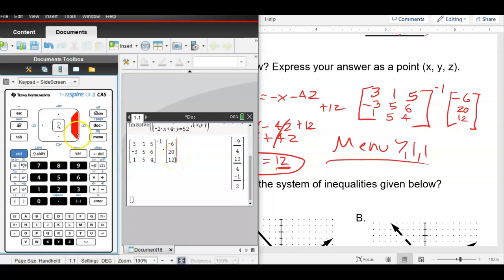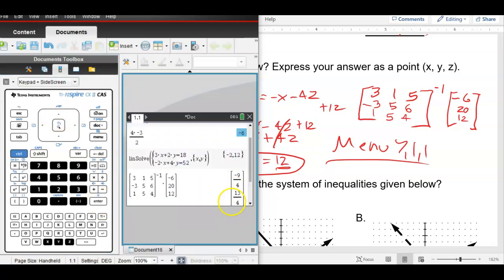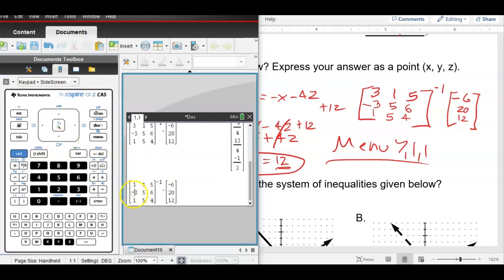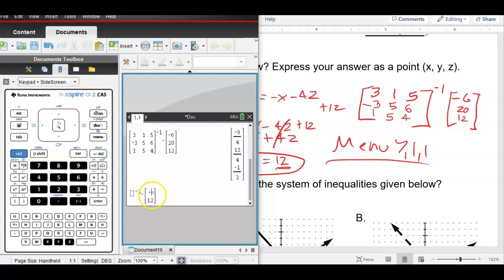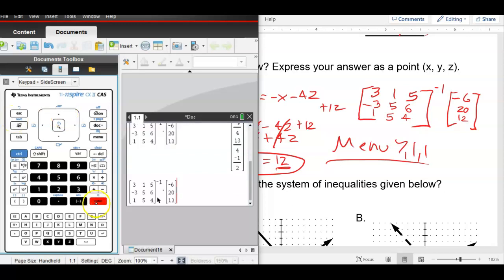Let's see if there's a way to do this correctly here. Oh my gosh, why is it freaking out? I'm so sorry. This program is crazy.